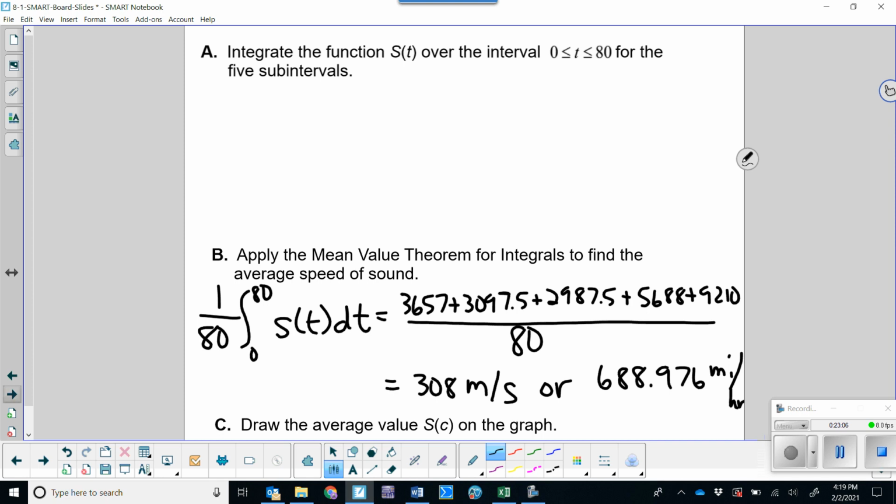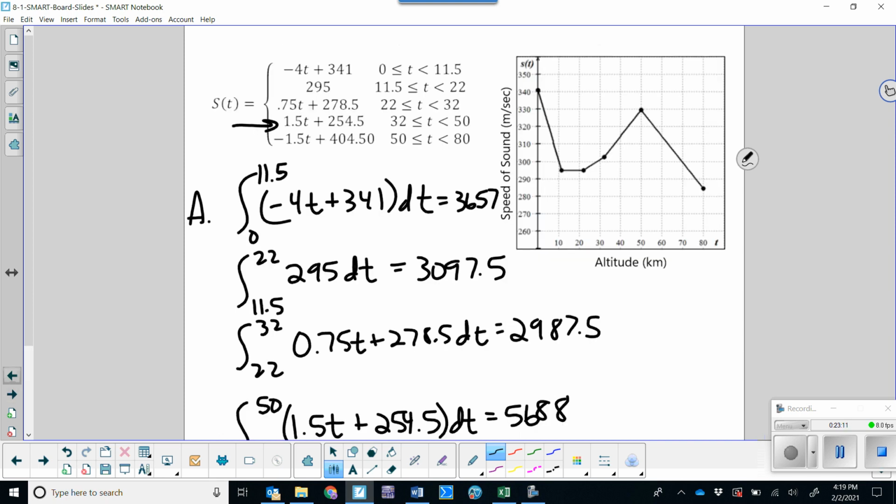Then it says on part C, draw the average value of s of t on the graph. Okay? Well, the average value was 308. We just did that, 308 meters per second. So basically, that's right here. That's about right here, so that's 308 meters per second.